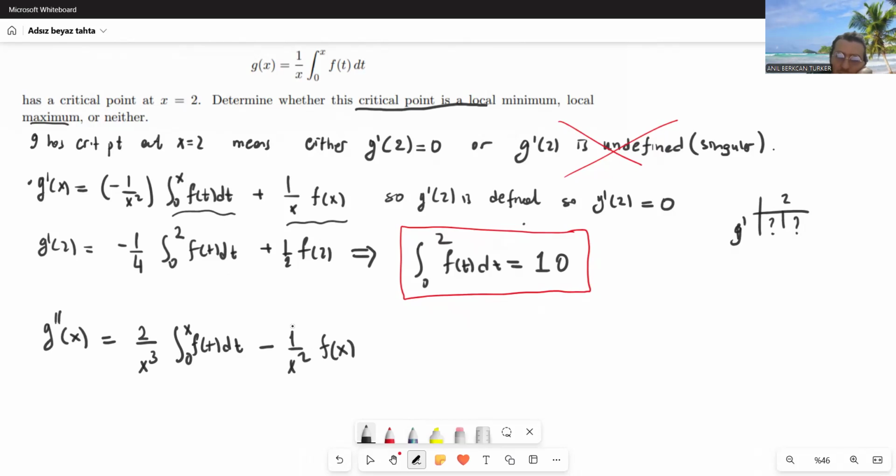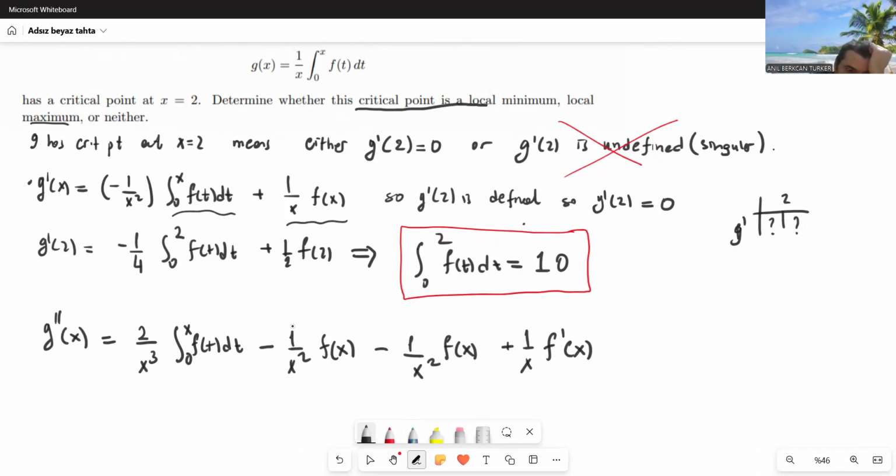Again, apply product rule here. I will get a similar thing: 1 over x squared f of x plus 1 over x f prime of x. So this is what happens when you take the derivative of this function.